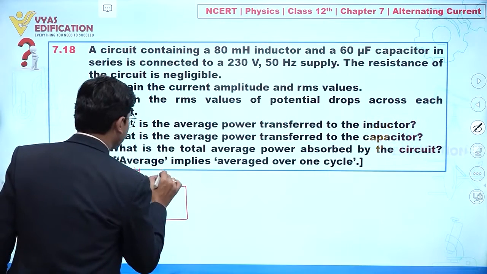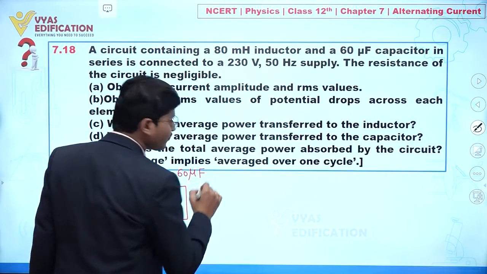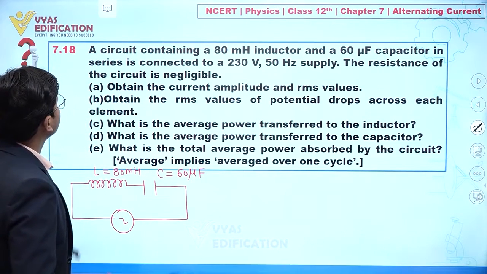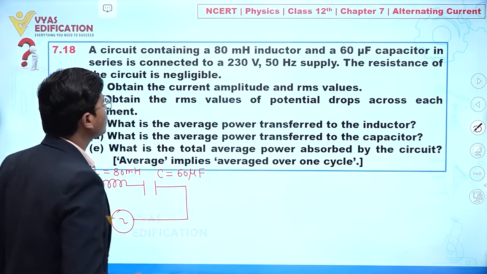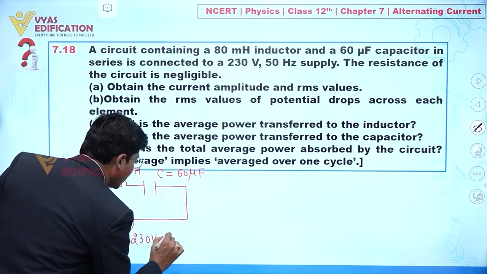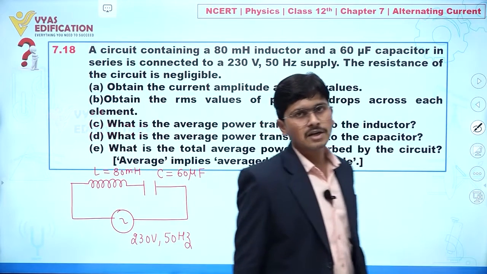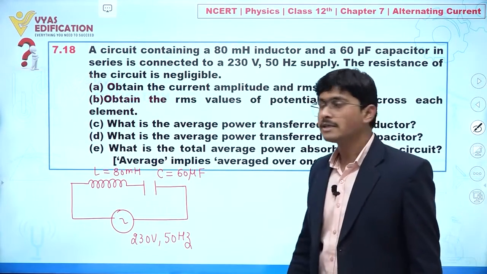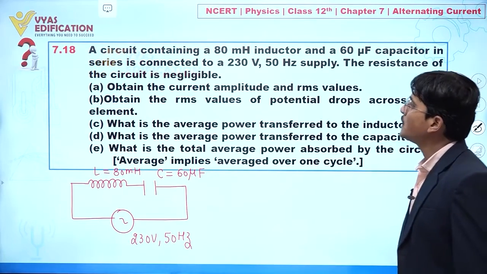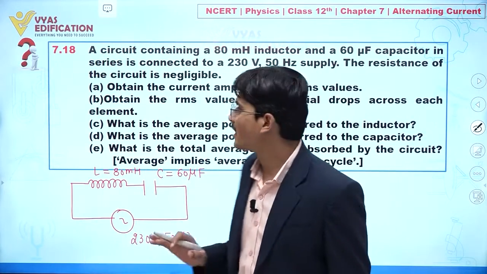Capacitance value is given as 60 microfarad. It is connected with our 230 volt and 50 hertz supply, so Vrms is 230 volt and frequency is 50 hertz. The resistance of this circuit is negligible, meaning the value of resistance is 0. We have to take 0.